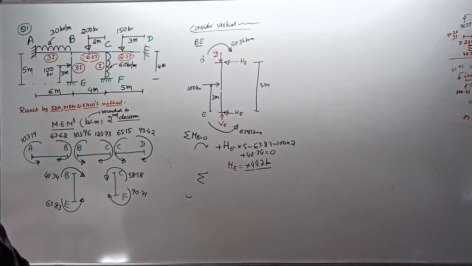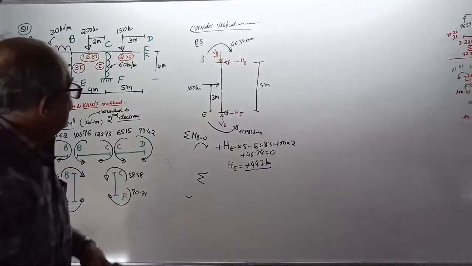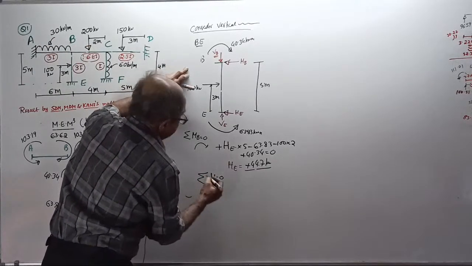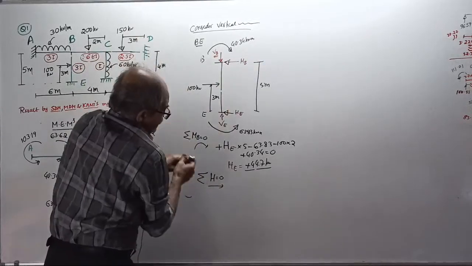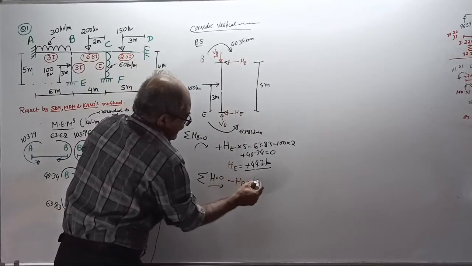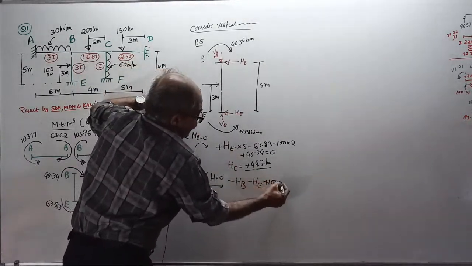Now not sigma V0, now sigma H, sigma H equal to 0. Take right side positive. Okay, minus HB, minus HE, then plus 100 equal to 0.